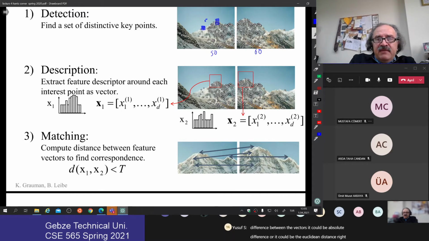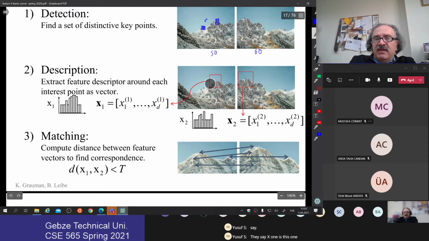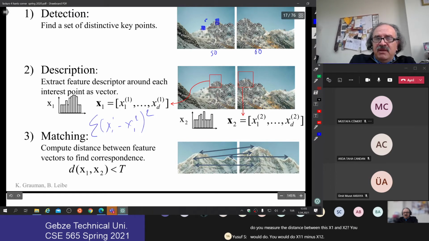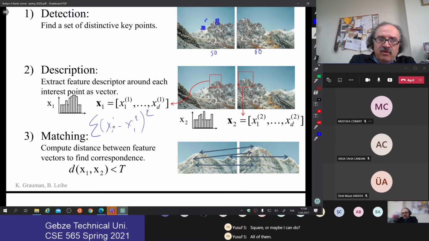Let's say x1 is this one, x2 is this one. So how do you measure the distance between this x1 and x2? You would do x11 minus x12 squared, and maybe I can do all of them from 1 to 25.